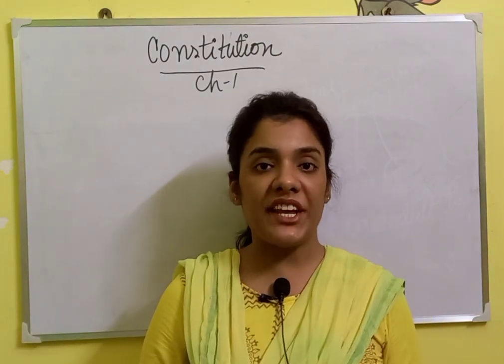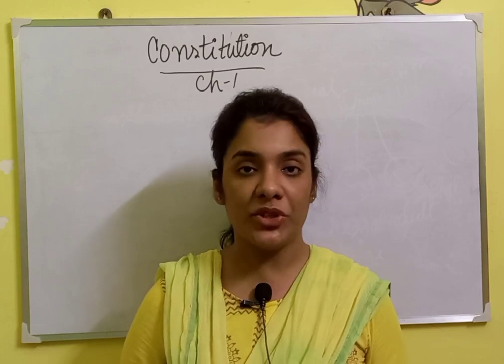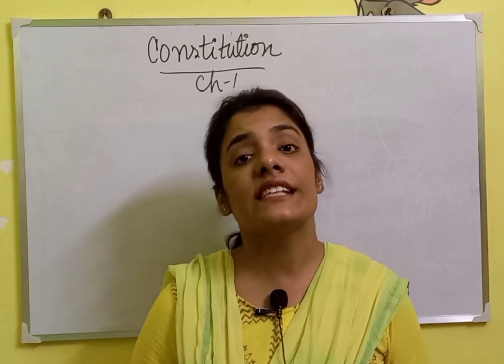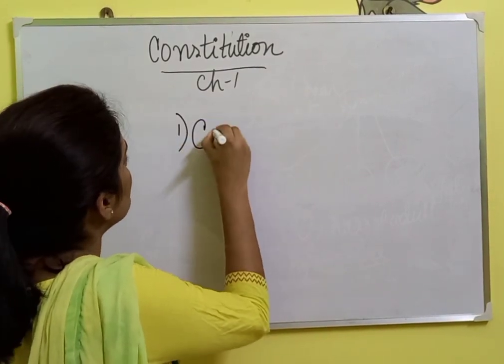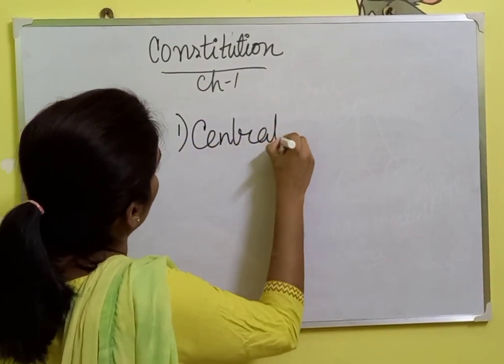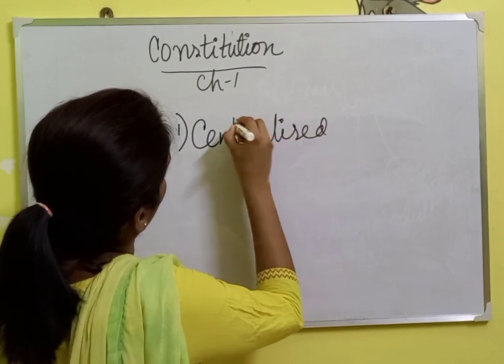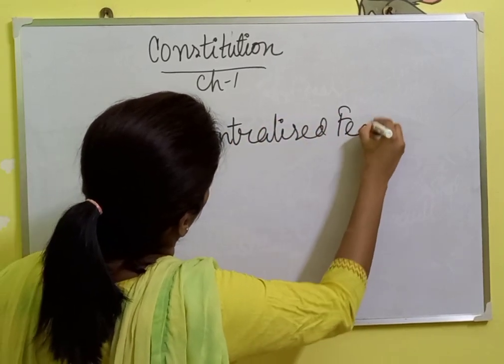The first limitation faced by the Indian Constitution is that we have a centralized federation. What is the first limitation? It is a centralized federation.